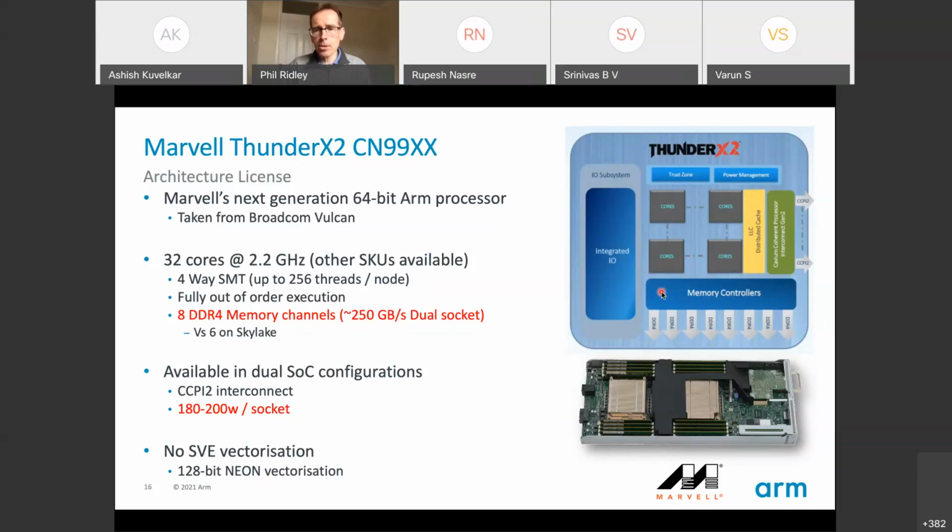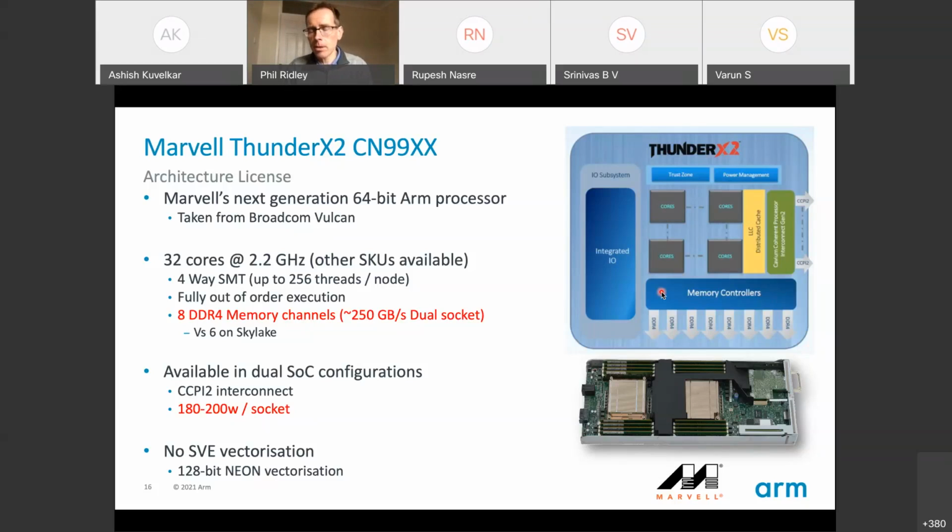You can have these processors as dual socket, so up to 32 cores per socket, and we've got a clock speed of 2.2 gigahertz or higher. I think there's 2.5 gigahertz available, and basically, overall they're a very powerful CPU.